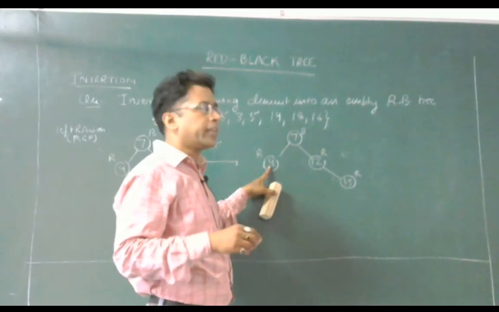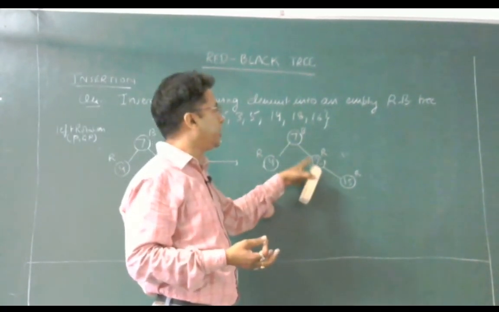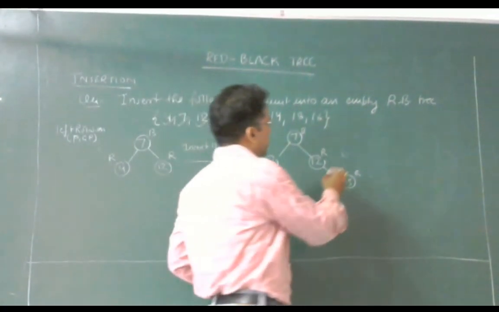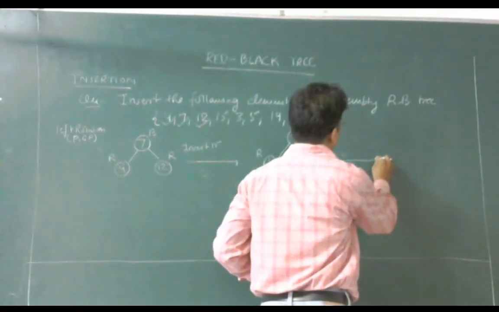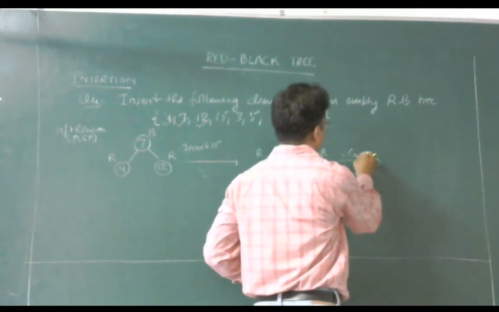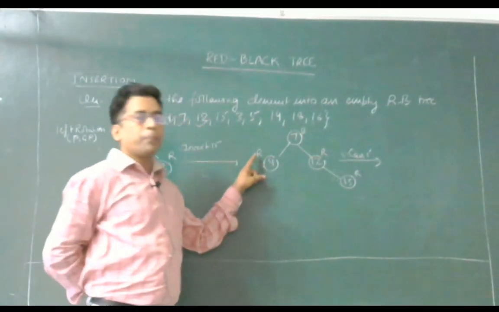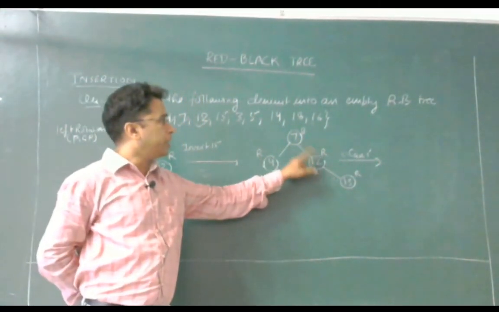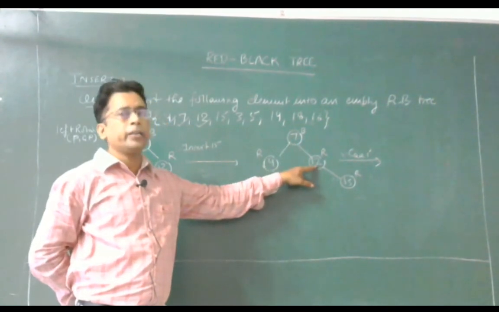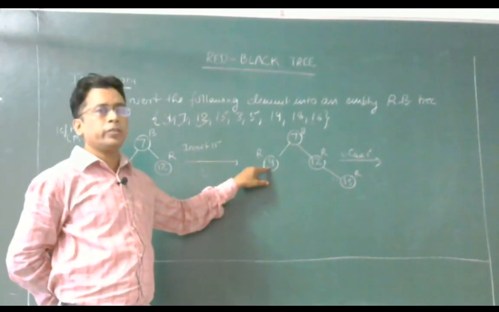So you may say case 1 dash, because the parent is the right child. We shall apply case 1 dash, because the parent is the right child of the grandparent and the uncle is of red color.